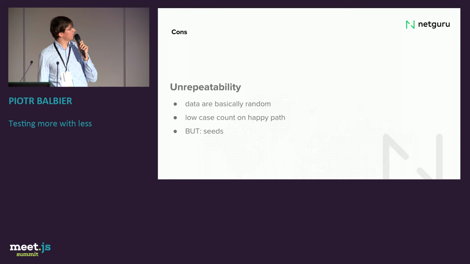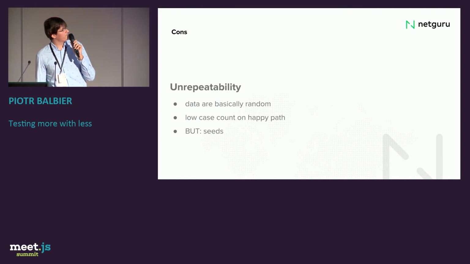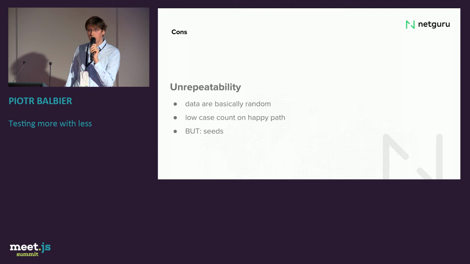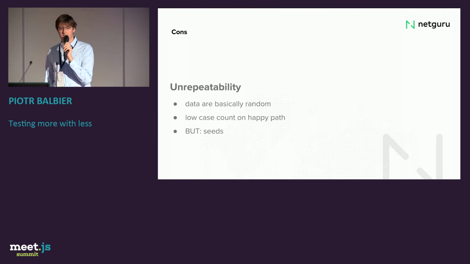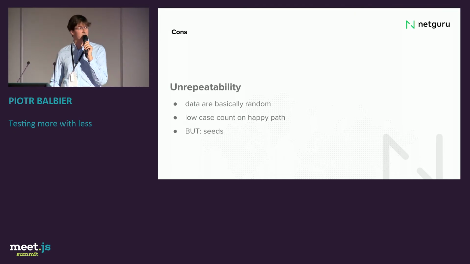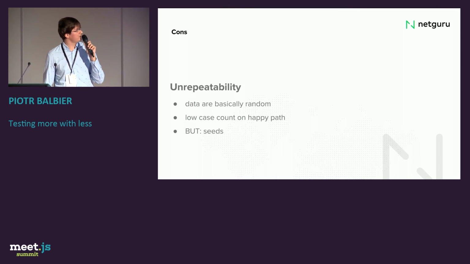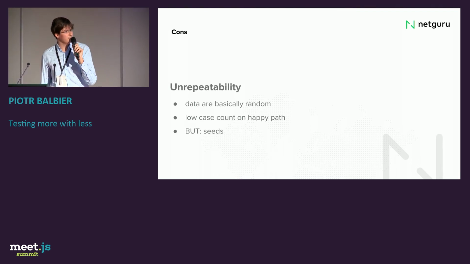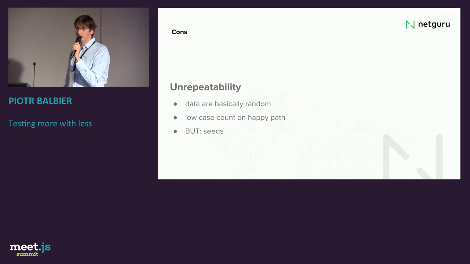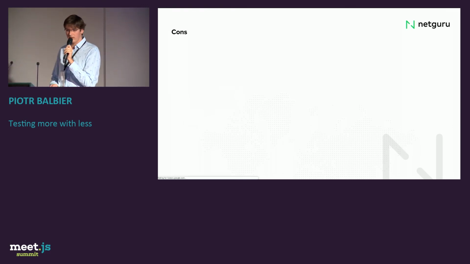But some frameworks for generative testing provide seeds, so that you can run the failed test once again by providing the random generator seed that would generate the same data, and it's possible to just debug it any time, any number of times you like.